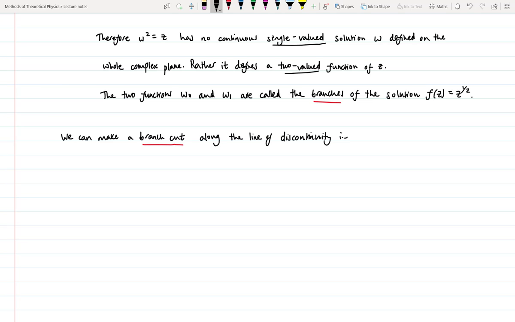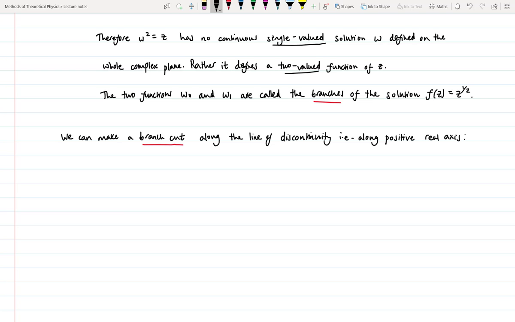So in this case, that means along the positive real axis. And this is a cut along the domain, in other words, the input to the function.